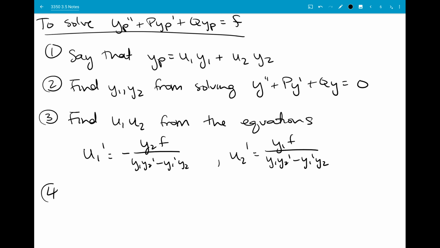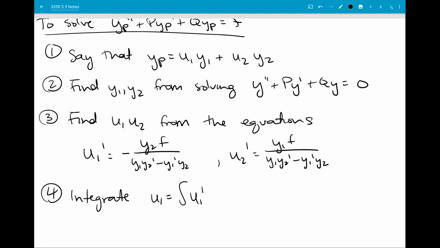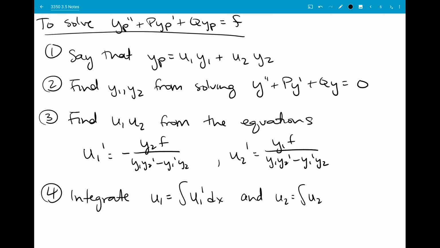And then we just integrate: u1 equal to the integral of u1 prime with respect to x, and u2 equal to the integral of u2 prime with respect to x.